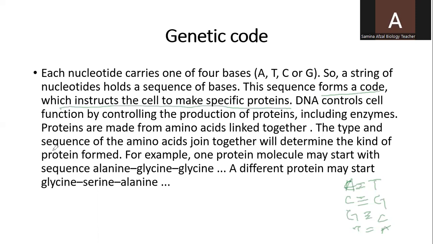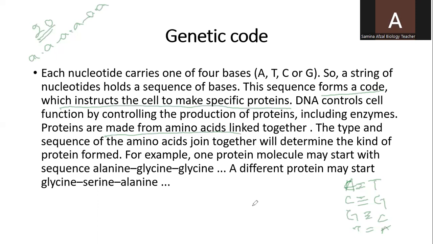DNA controls all functions by controlling the production of proteins, including enzymes. You know, enzymes are also protein in nature. So enzymes control the formation of all types of proteins, and proteins are made from amino acids. 20 naturally occurring amino acids join together with the help of peptide bonds to make macromolecules, the large molecules of proteins.